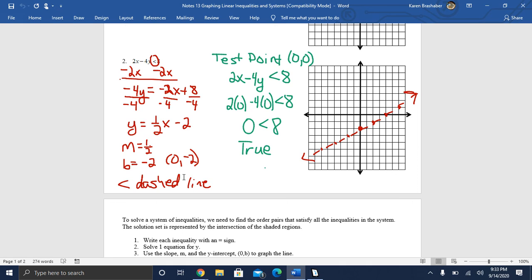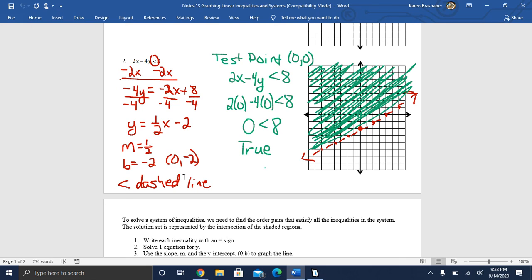So I'm going to locate where our test point is. Test point's at 0, 0. Came out true. So just like the last one, we'll need to shade in the side where the 0, 0 was. If our 0, 0 test had come up false, then we would have shaded on the opposite side of the dashed line.